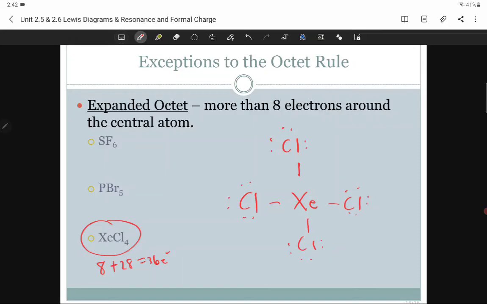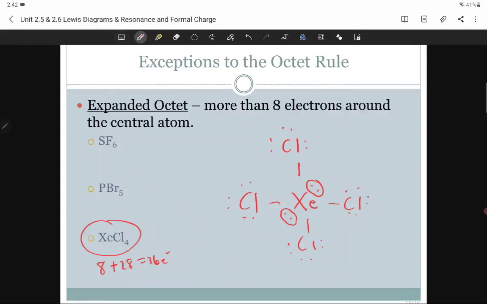Nope. That means that xenon is an expanded octet, meaning that it has other locations where it can share electrons. How is that possible? As you go down the periodic table, you start to enter the areas where the S's and the P's and the D's, those orbitals, are open to the ability to be valence.